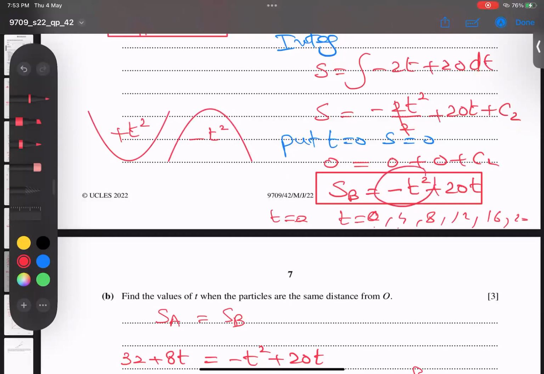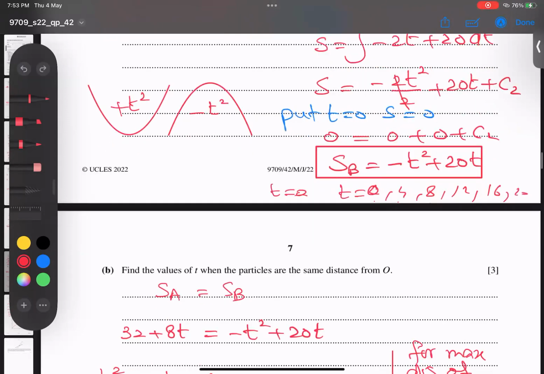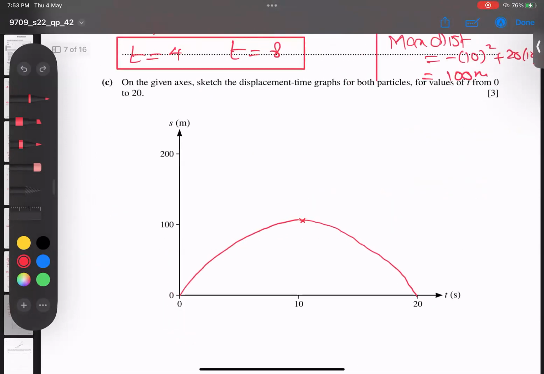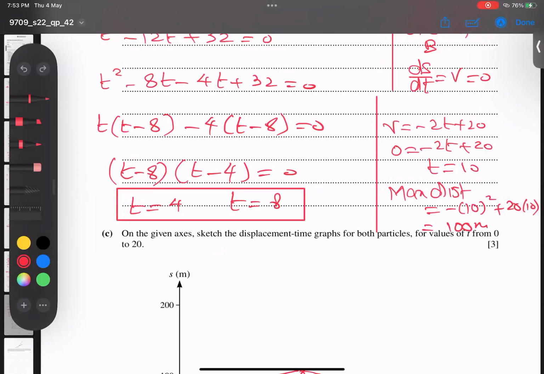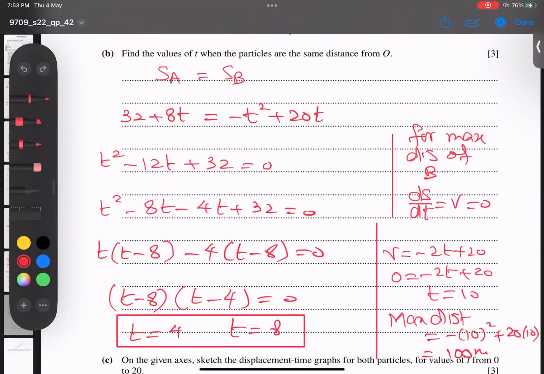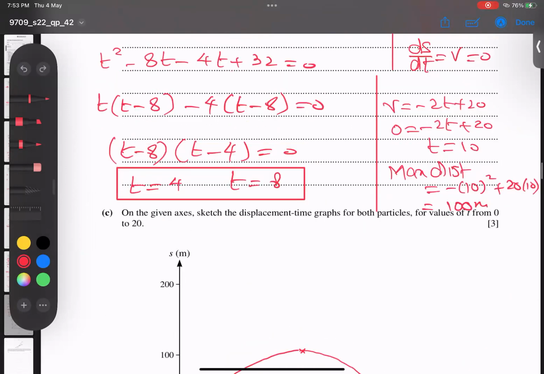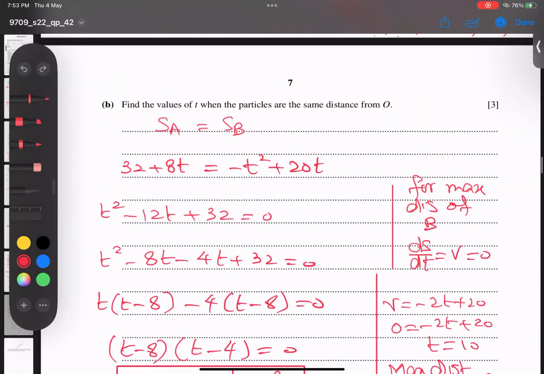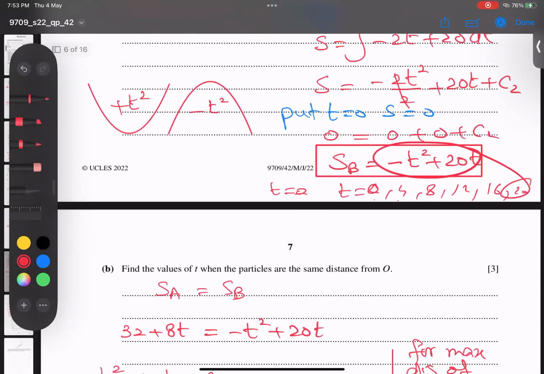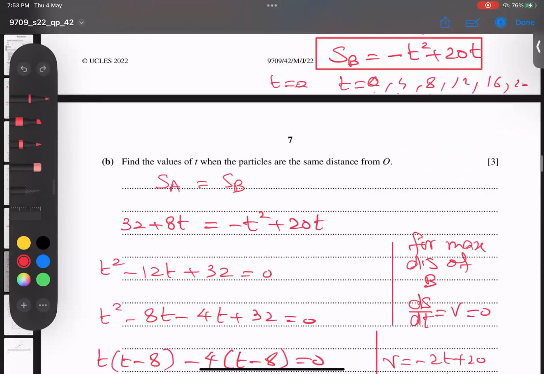And look here, negative t squared, so that is why I know this very well. Now for the second point, you can ask how we know it stops at 20. I can plug in 20, because when I plug in 20 I get 0: 20 squared is 400, and 20 times 20 is 400, so the answer becomes 0. That is why it stops here.